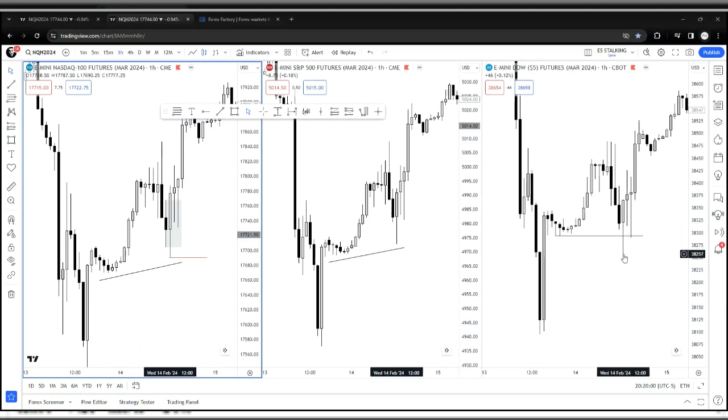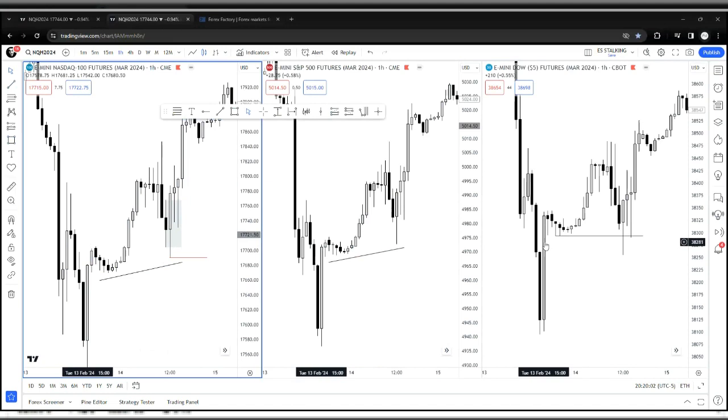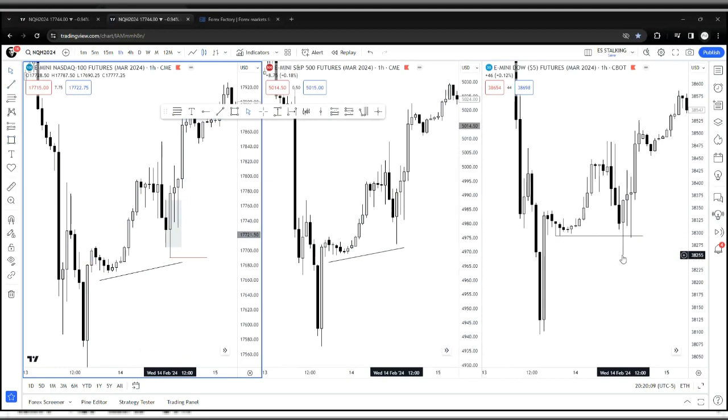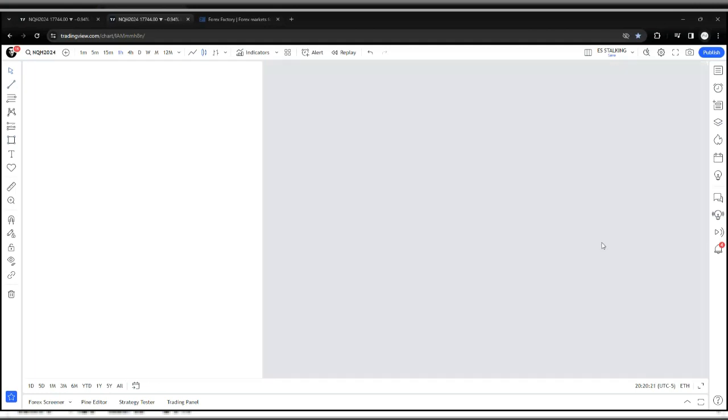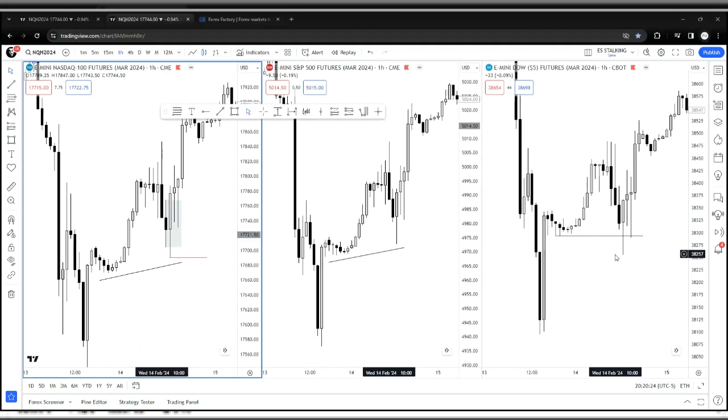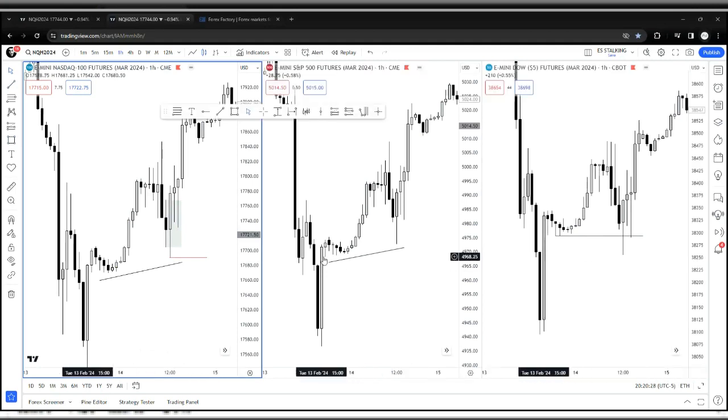Also, it closed a fair value gap entirely, right? So we wouldn't expect price to go below this low after digging into this fair value gap and tapping into the open of this order block right here. So also here we had price closing into this fair value gap, and then we had this fair value gap left open, right?